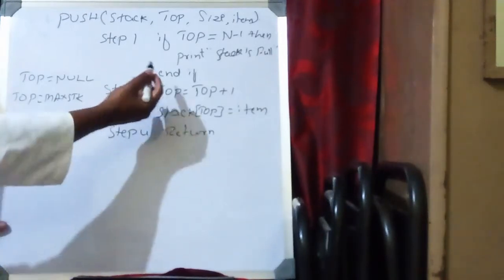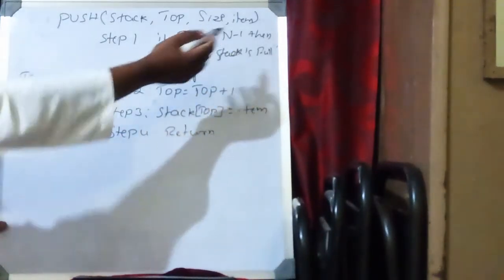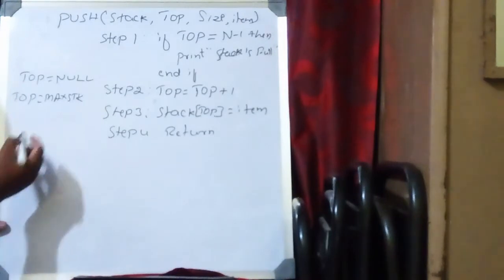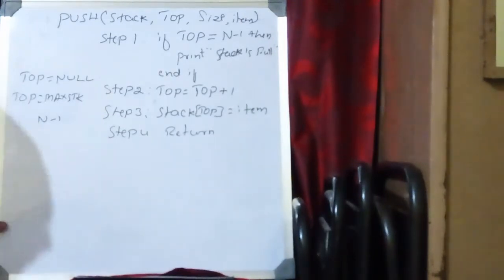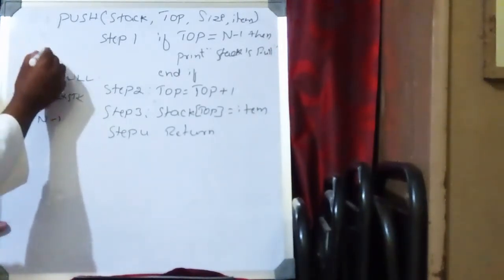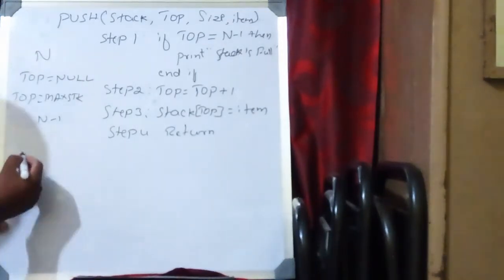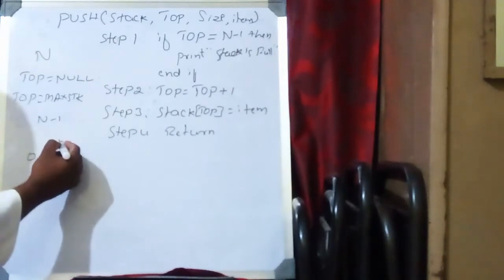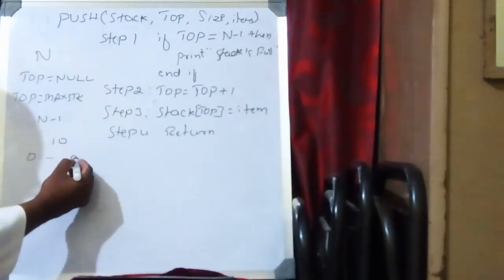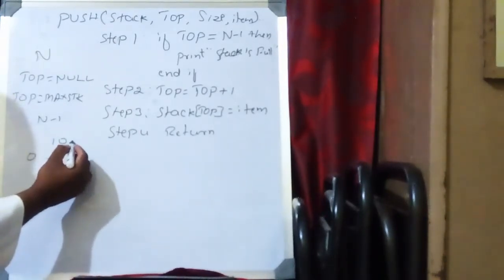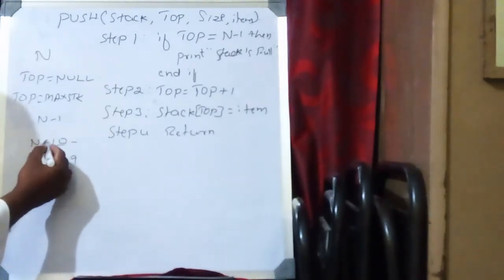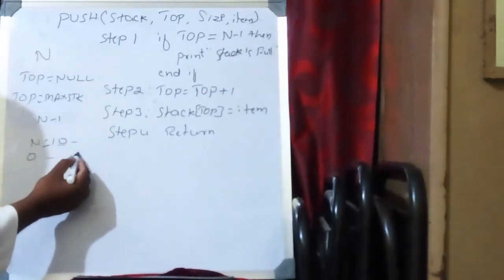Clear? We will check if top is equal to n minus 1. Here max stack is nothing but n minus 1. N is the number of elements. We already know an array always starts from 0. If there are 10 elements, the last index value is 9. If n is equal to 10, then n minus 1 is 9.